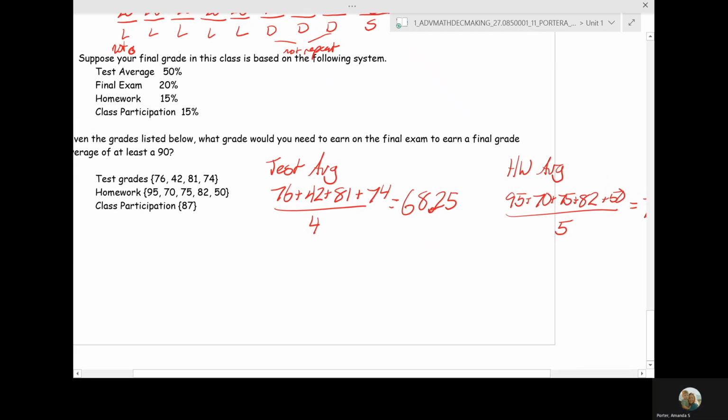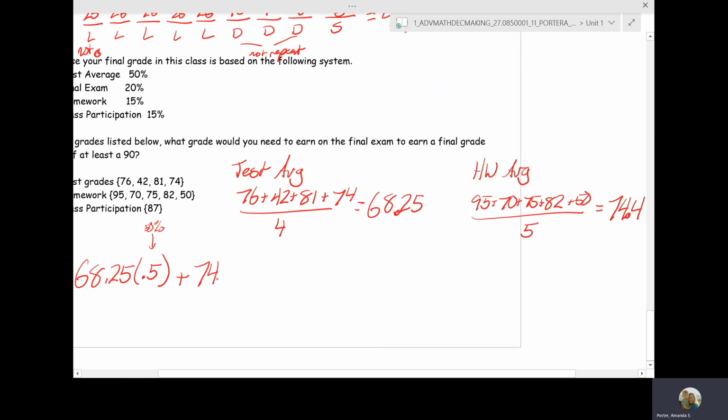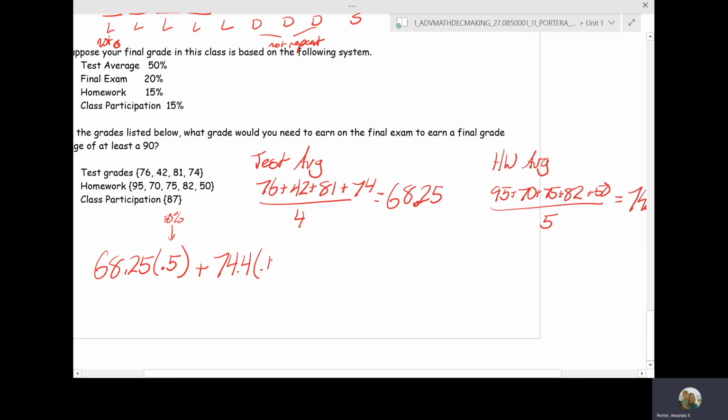So test average gets a 0.5. So 68.25 times 0.5. That's my 50%. Plus 74.4 times, let's see, homework is 0.15. Plus class participation, we've already got it, 87 times 0.15.